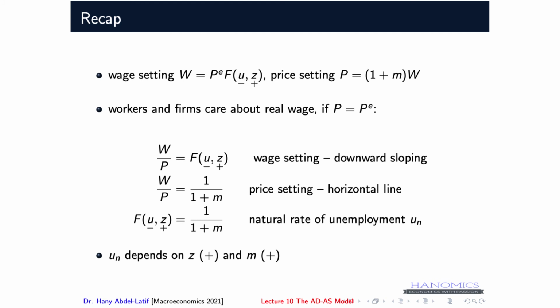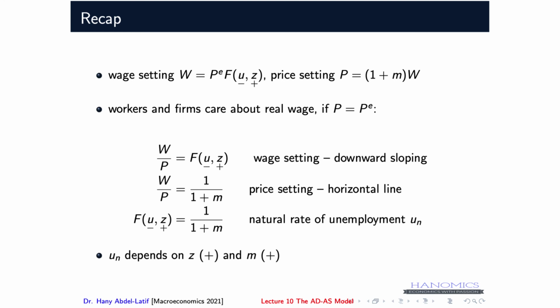But in reality, workers care more about the real wage, not the nominal wage. So we first made an assumption that the actual price level equals the expected price level, and from there we tried to derive the equilibrium in the labor market, in the sense that we wanted to know what determines the real wage and also the unemployment rate.